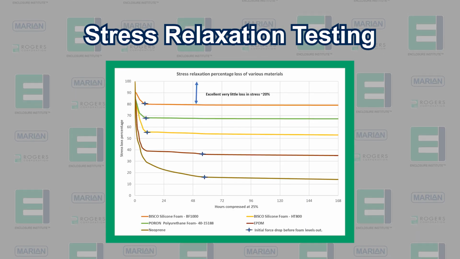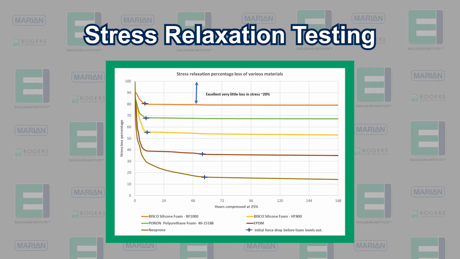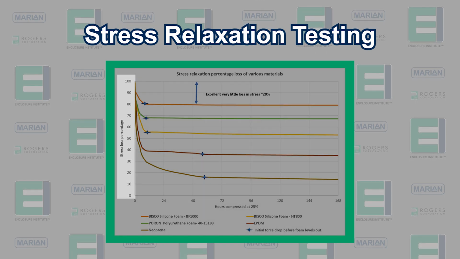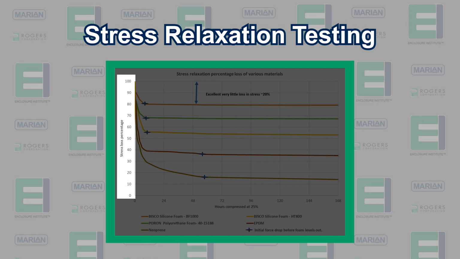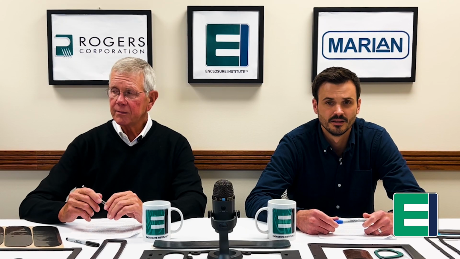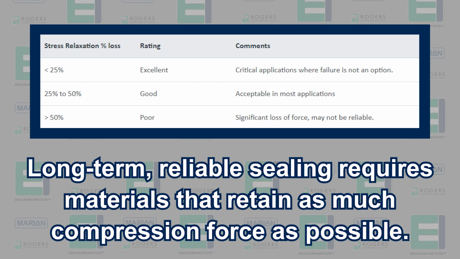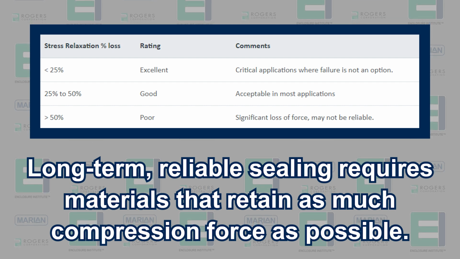These tests define the amount of compression, such as 25%, and the temperature of the test environment, such as 70 degrees. Then the amount of pressure being applied by the gasket material is continuously measured over time. During the test, the conditions that the material sees while under compression can be varied, including temperature and humidity. For long-term reliable sealing, the engineer will want a foam material that retains as much of the original compression force as possible.